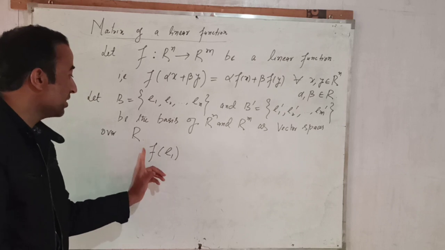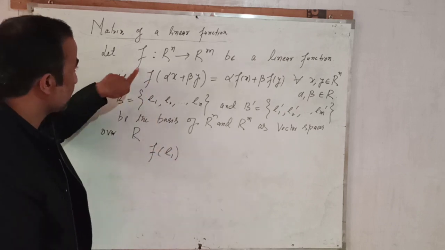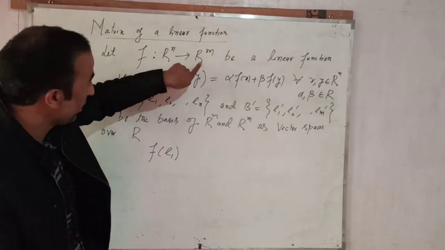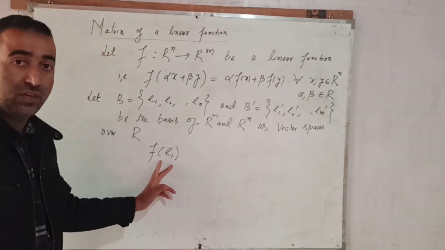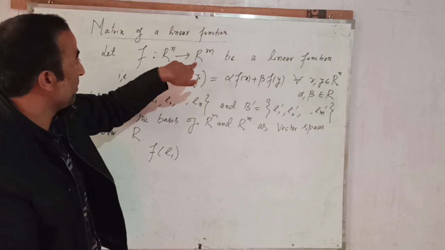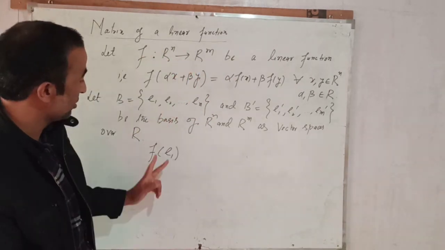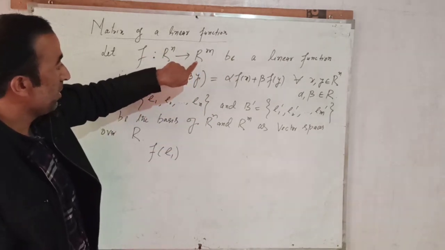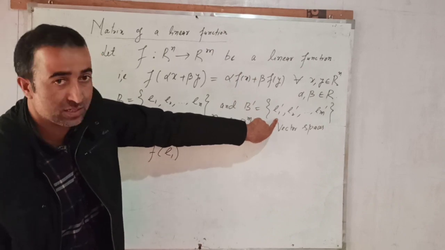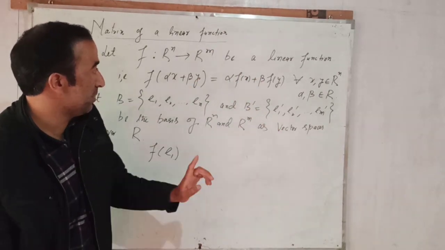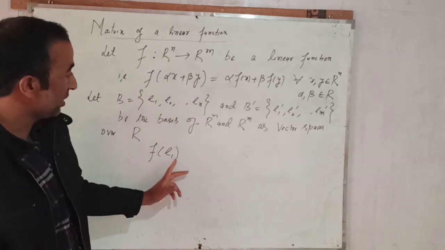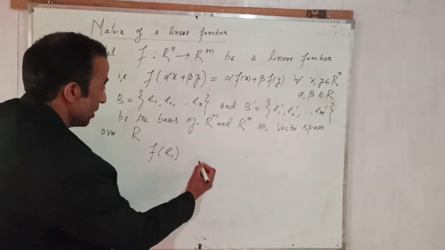But still, since f is a linear mapping from Rn to Rm, f of e1 is an element of Rm. Rm has this basis, therefore every element of Rm is expressible as a linear combination of these elements. Therefore f of e1 can be expressed as a linear combination of these.